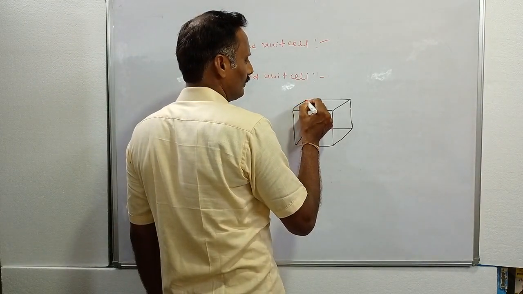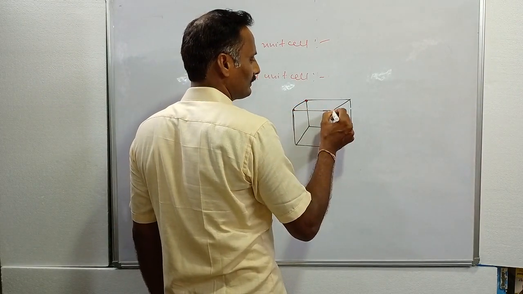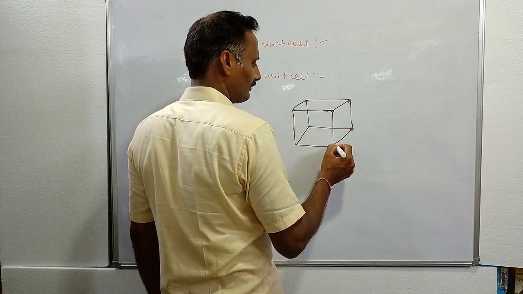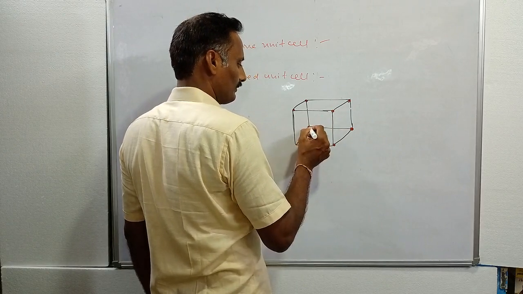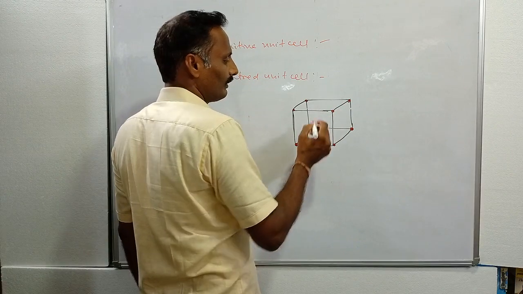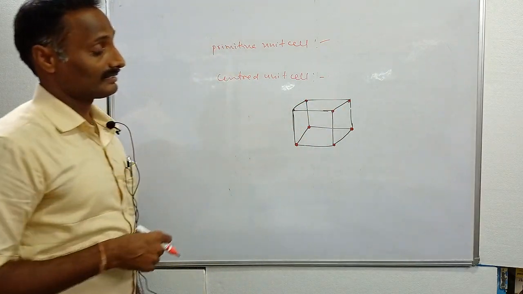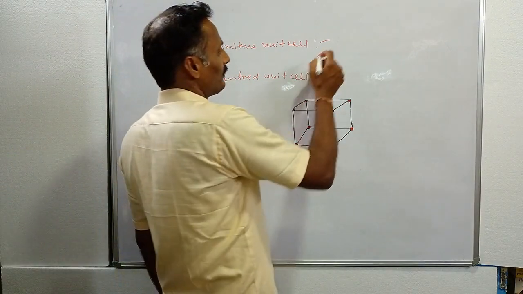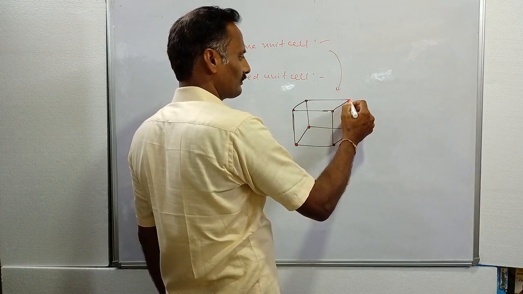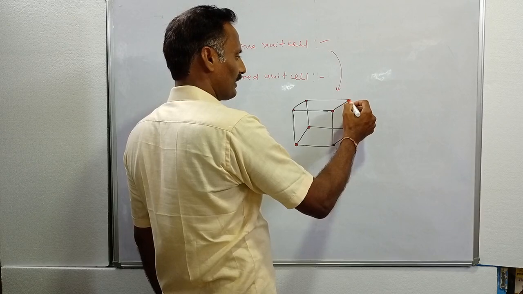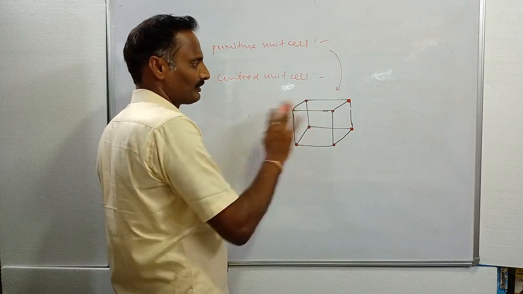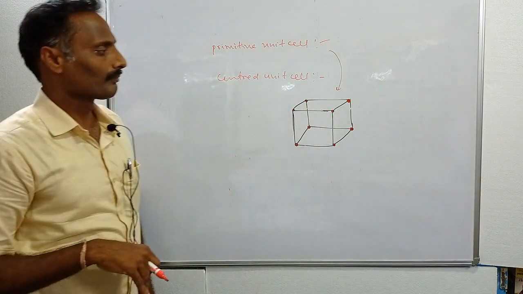This is one corner, this is one more corner, and so on. How many corners are there in a unit cell? A unit cell consists of 8 corners. A primitive unit cell contains particles only at the corners. There is no particle at other places. Only the corners contain particles. This type of unit cell is called a primitive unit cell.